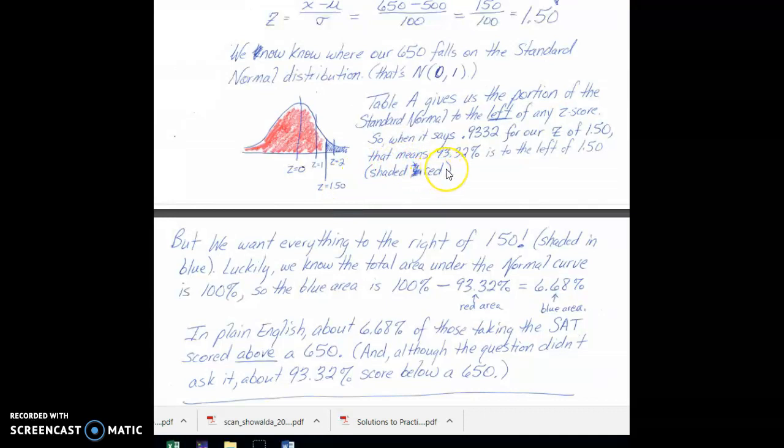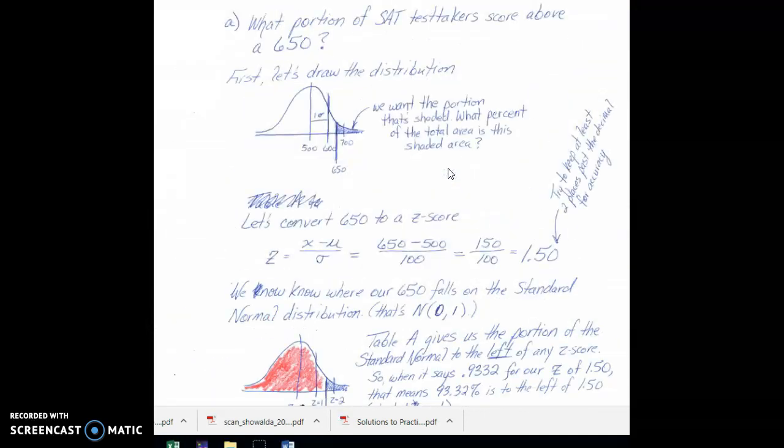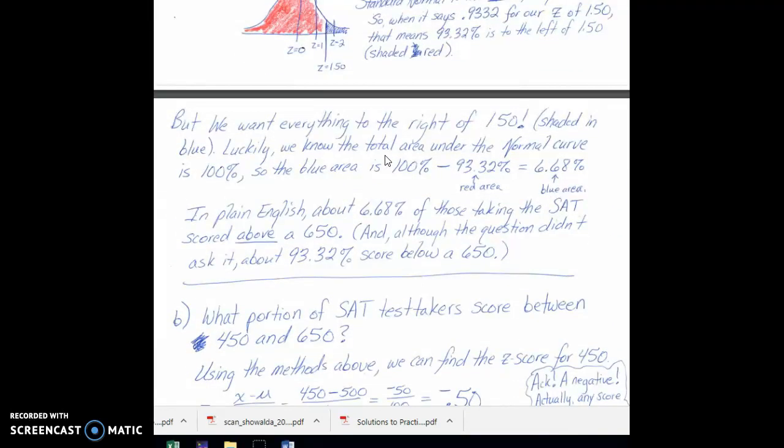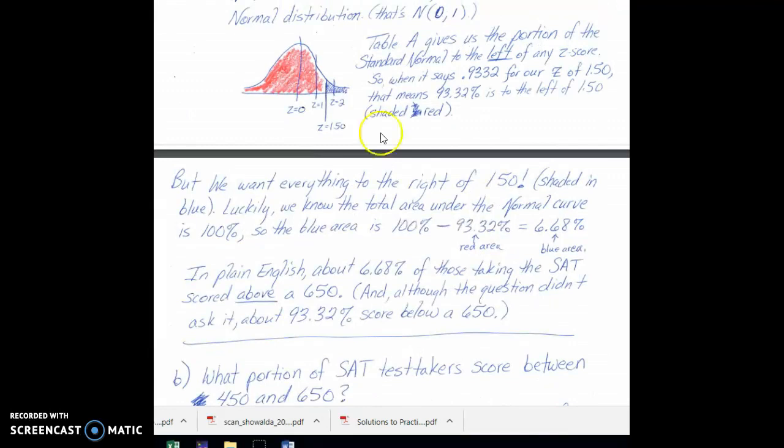Another way we can think of that is 93.32%, roughly, of the test takers will score below a 650 if we convert it back to those original units. But notice that we wanted this blue area, and what we got by looking up Table A always gives you the area to the left, the area less than any given z-score. So we have this, we want this.